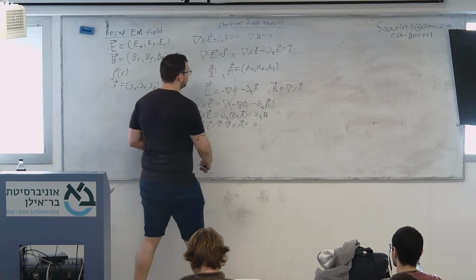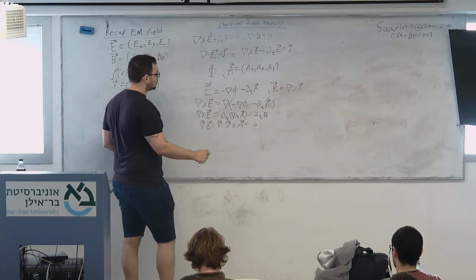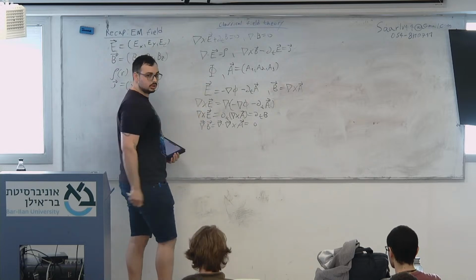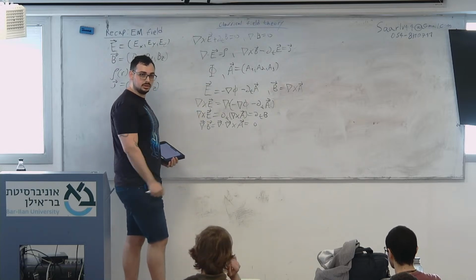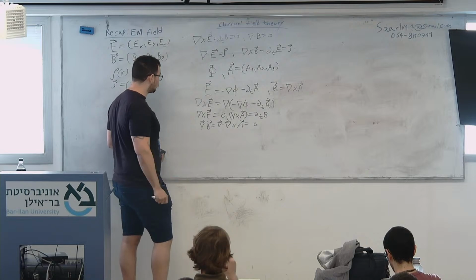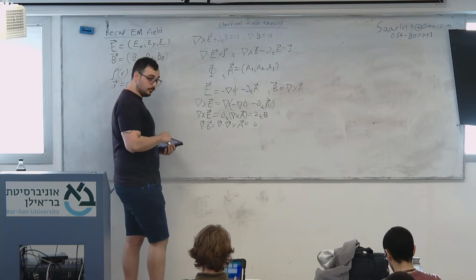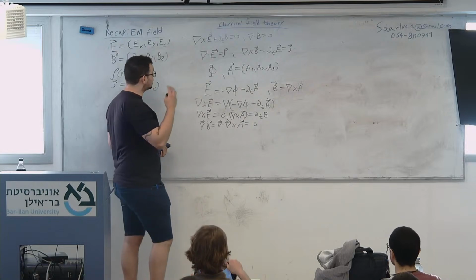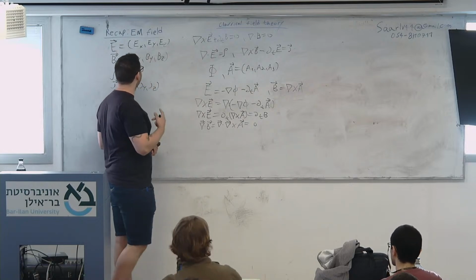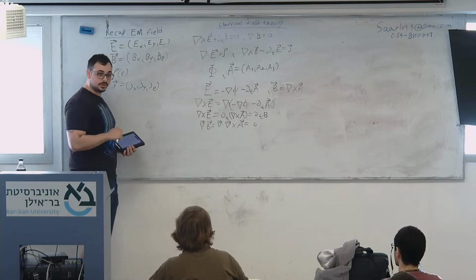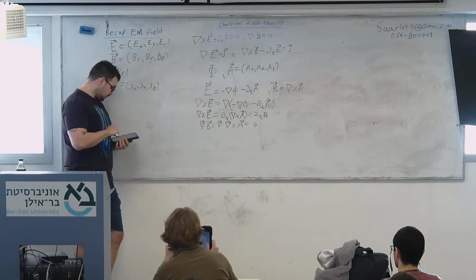So we got back to the Maxwell equations. This was just to show the validity of this presentation. It's a different way of writing. We reduced our field from having 6 degrees of freedom down to 4, which will be useful for our next part.